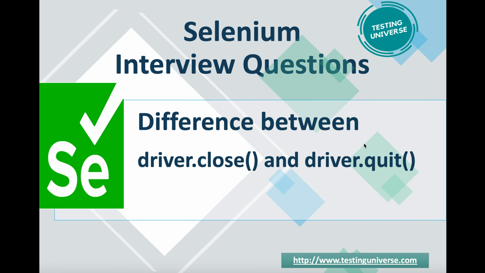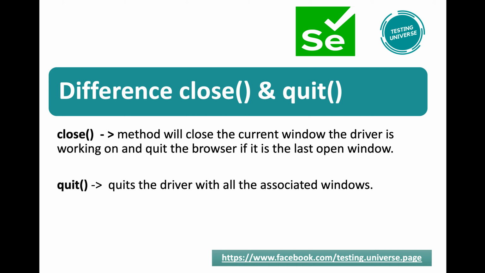So let's first understand what the close method will do and then what the quit method will do, and we will take some demonstrations so that the concept will be very clear to you. The close method will close the current window the driver is working on, and quit the browser if it is the last open window.